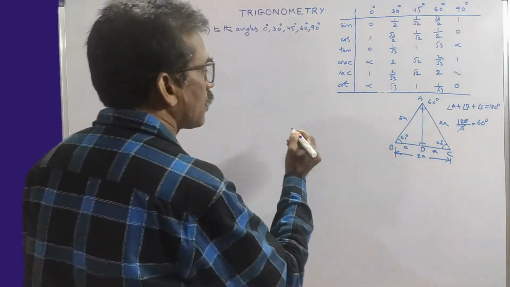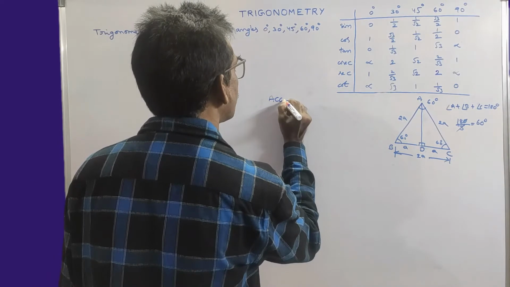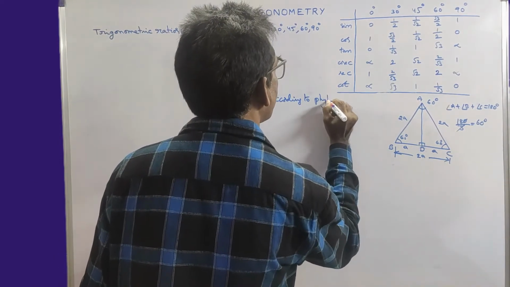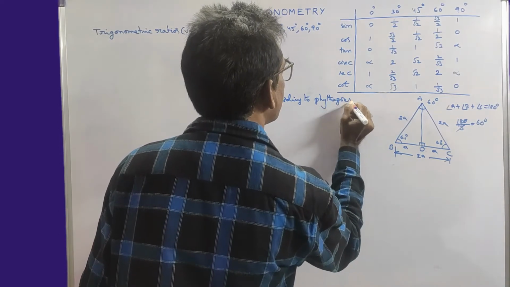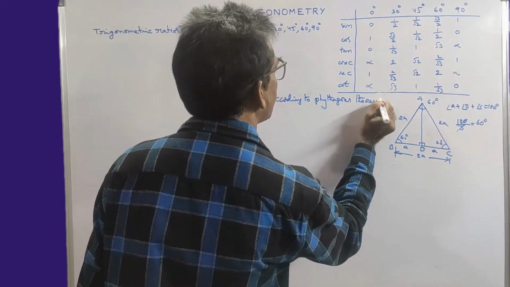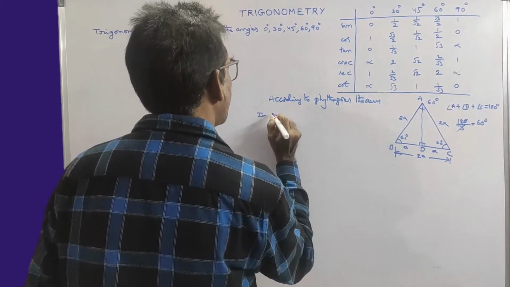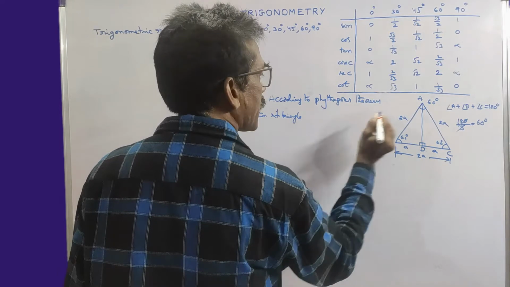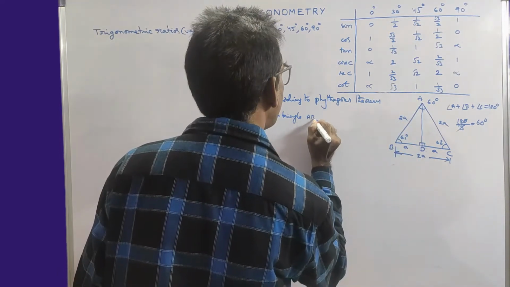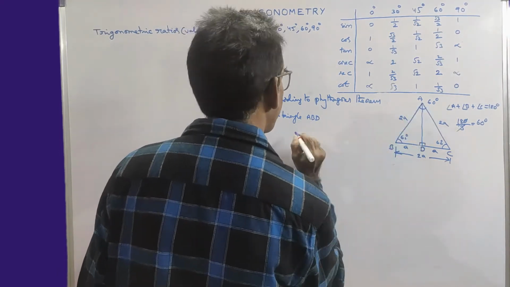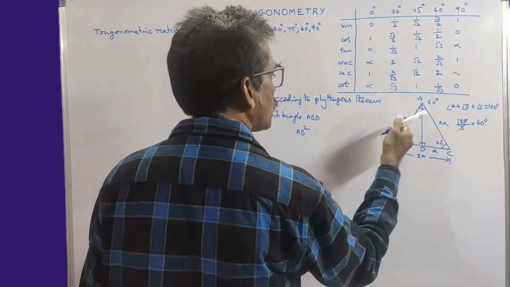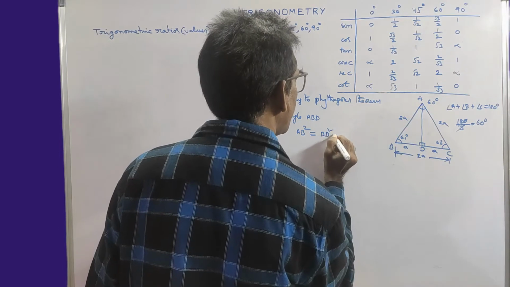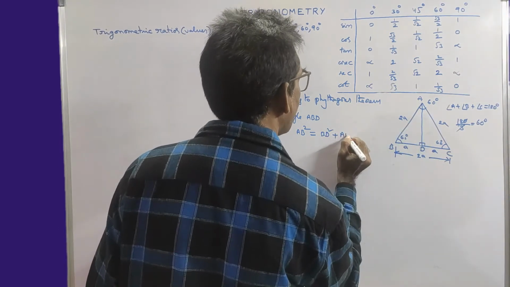According to Pythagoras theorem, in right angle triangle ABD, AB square, this is the hypotenuse square, is equal to one side square, BD square, plus another side square, AD square.